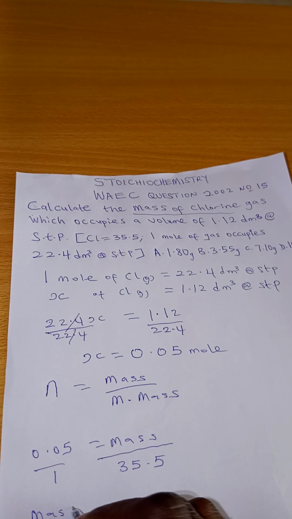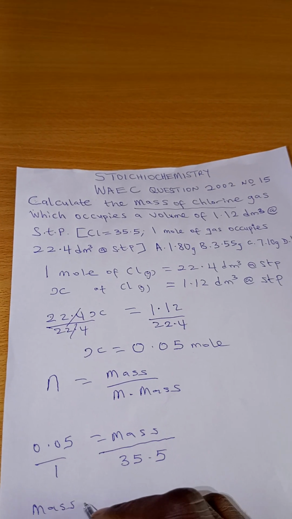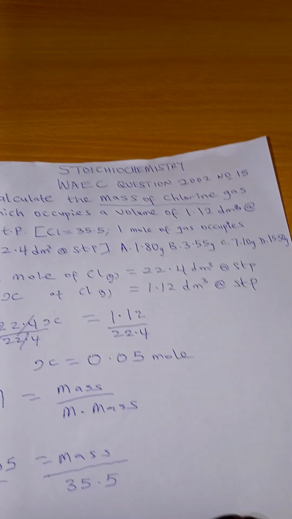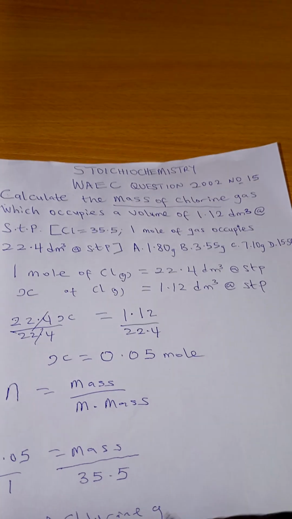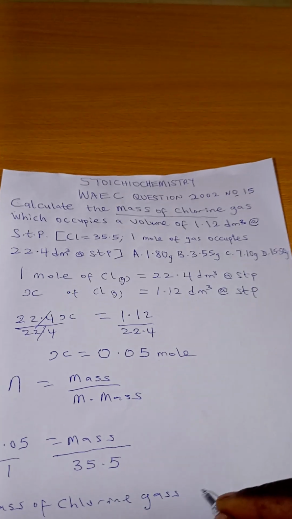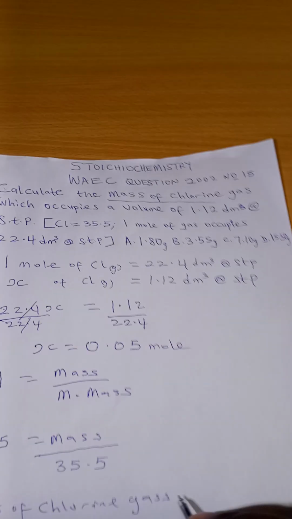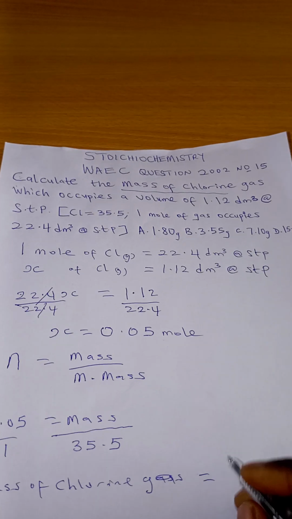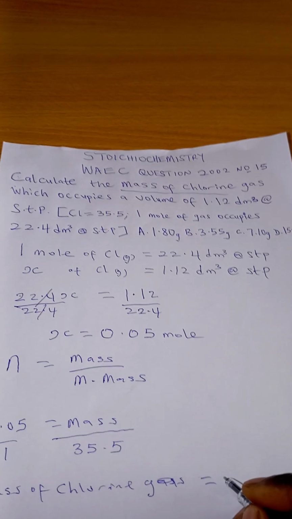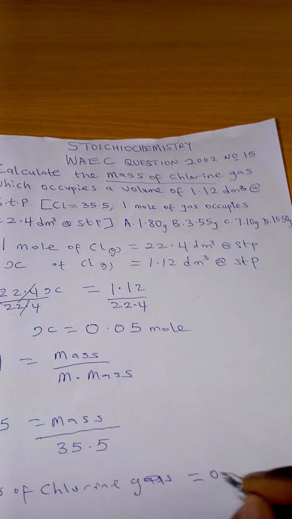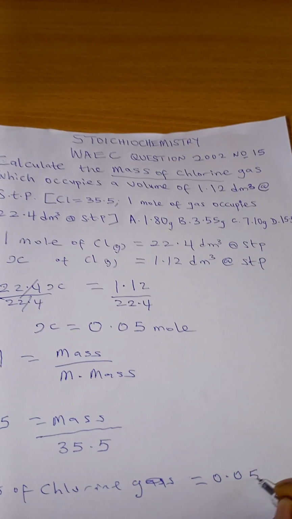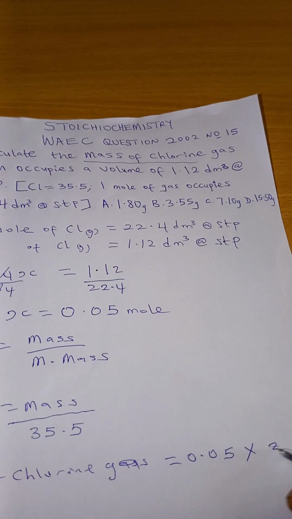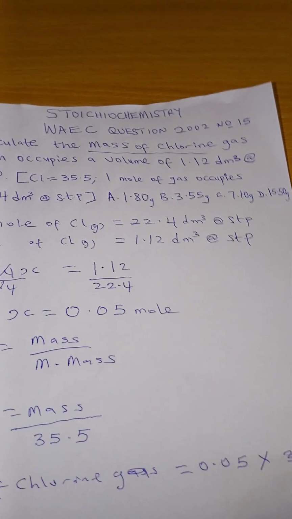So mass of chlorine gas will now be equal to 0.05 times 35.5.